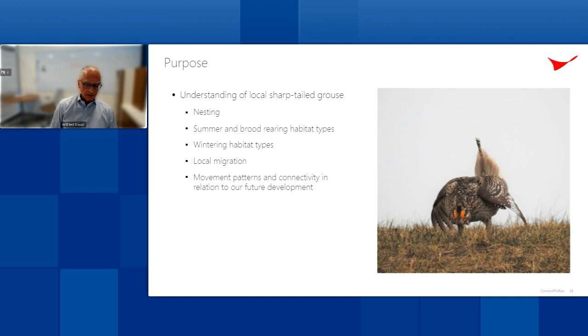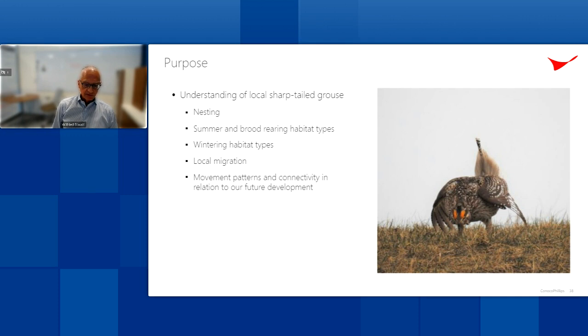So, the purpose of the study. The primary focus was to gain a better understanding of the extent and availability of 3 critical seasonal habitat types. The first one is nesting, the second one is late brood rearing in the summer, and the last is winter habitat.